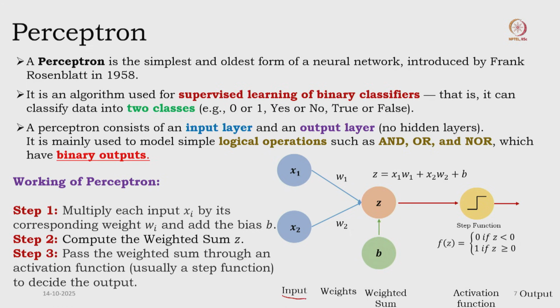We have the inputs and the weights associated with each input. We have a weighted sum where we add the bias term also, and the result of the weighted sum is passed to an activation function. The activation function used in a perceptron will be either a step activation or a threshold activation, and then we get an output. So this is what the perceptron is.